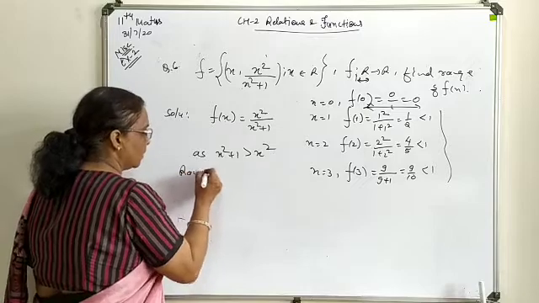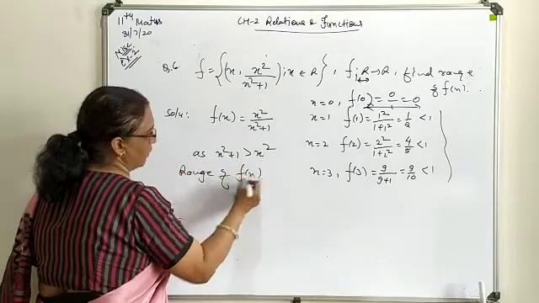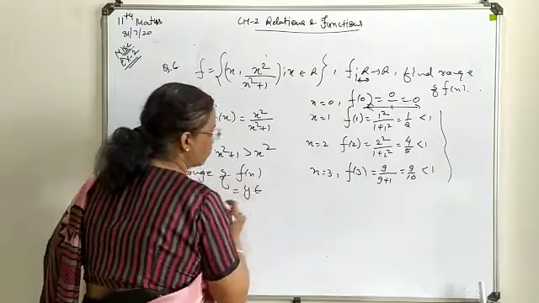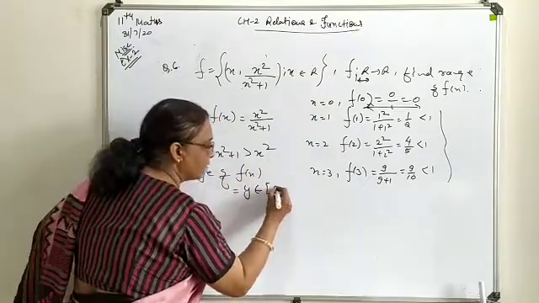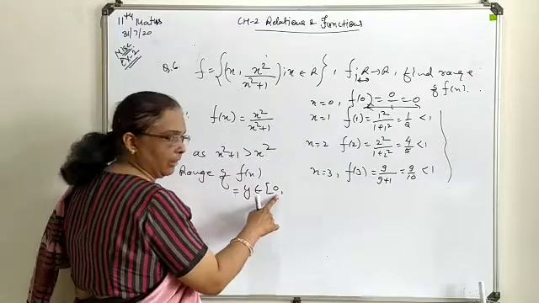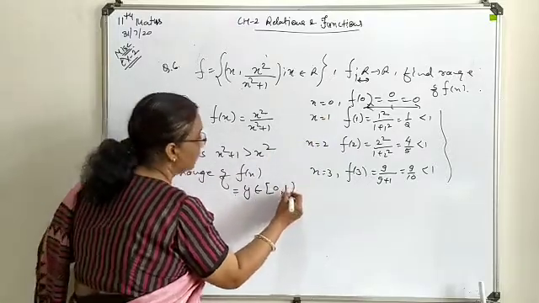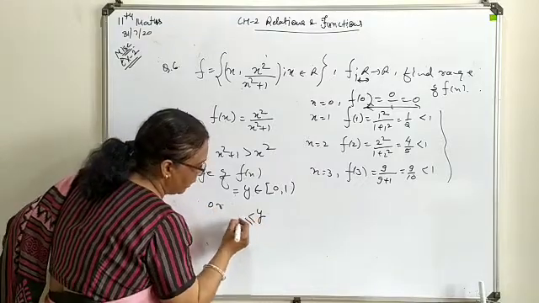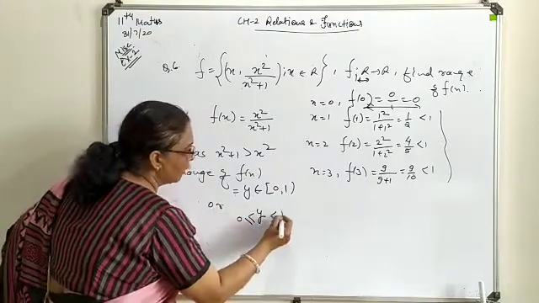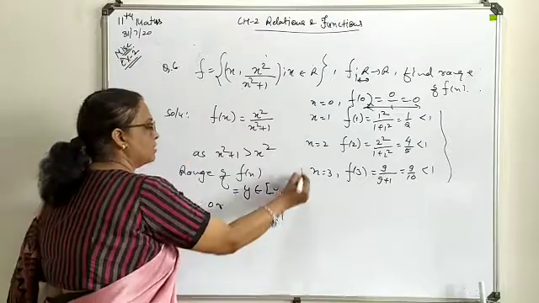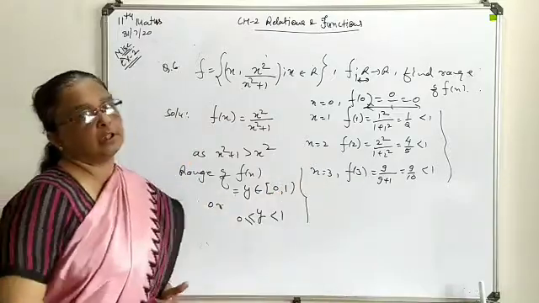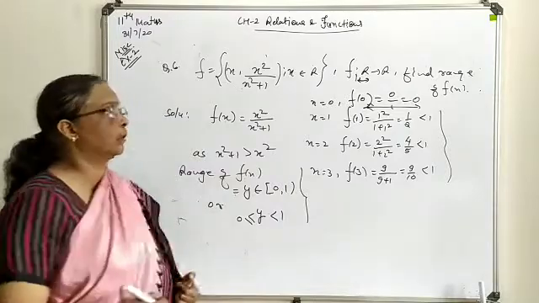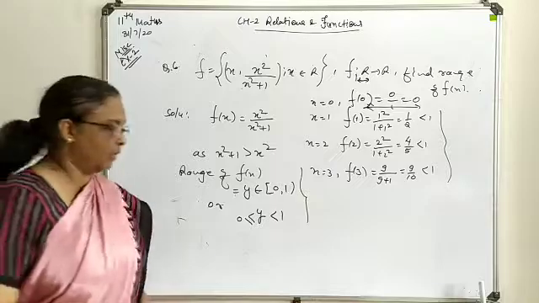So the range of f(x) you can say, y will belong to the closed interval at 0, as 0 is attained, and 1 is excluded, meaning less than 1. Or in interval form, it is 0 less than or equal to y less than 1. So this way, with different combinations, we have to define different types of range. So it was all about domain and range evaluation.